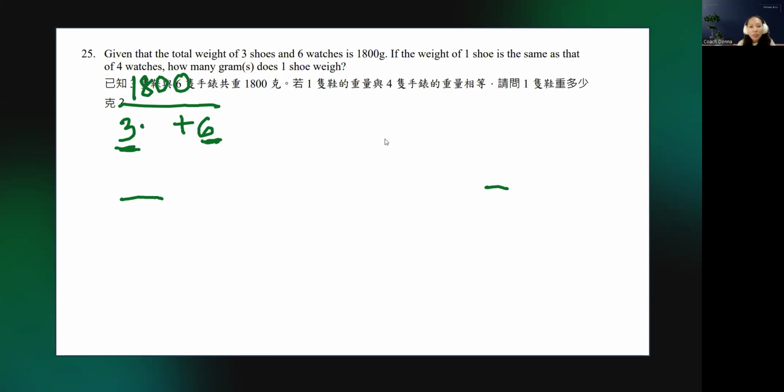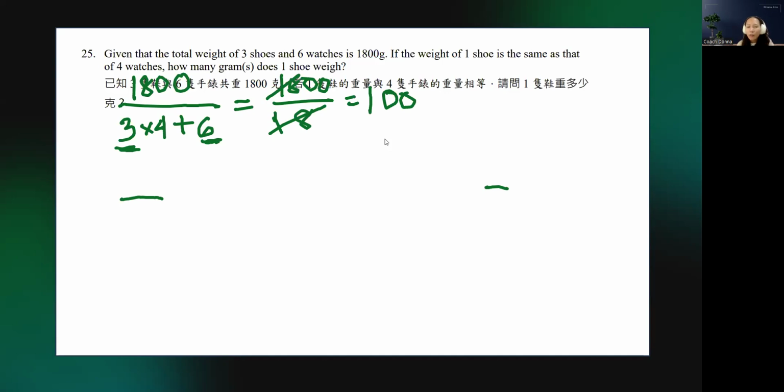So you have 3 times 4 right here, because for every one shoe, there are 4 watches, plus the 6 watches. So we know that the result in the 1,800 would be the watches. 3 times 4 is 12, plus 6, that's 18. Now 18 will cancel out, and you'd be left with 100.